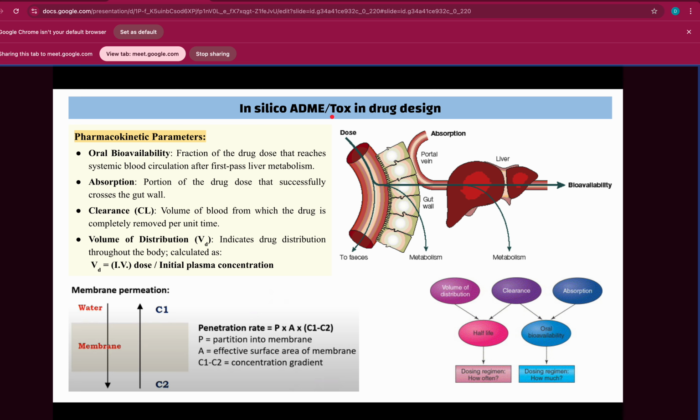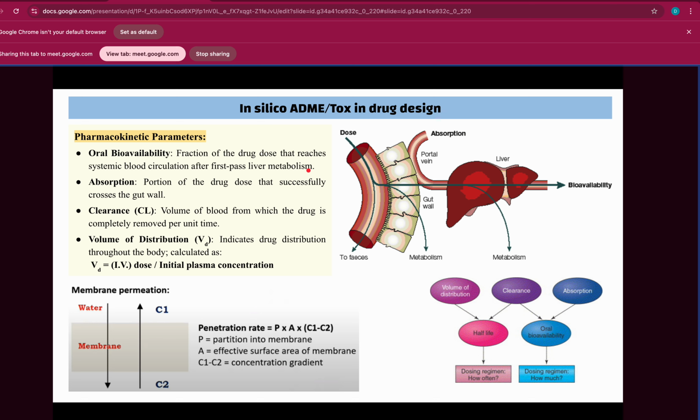And whenever we say ADMET properties, this means that whenever we take a drug, different pharmacokinetic parameters are responsible for the action of the drug. If we are taking it orally, then oral bioavailability means the fraction of the drug dose that reaches the systemic blood circulation after first-pass liver metabolism.